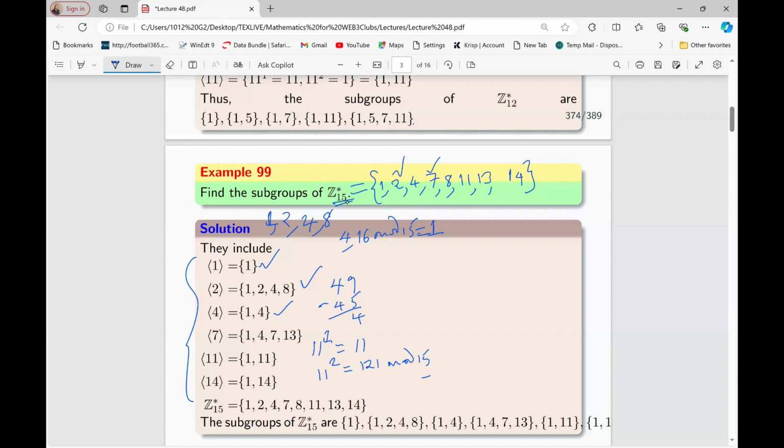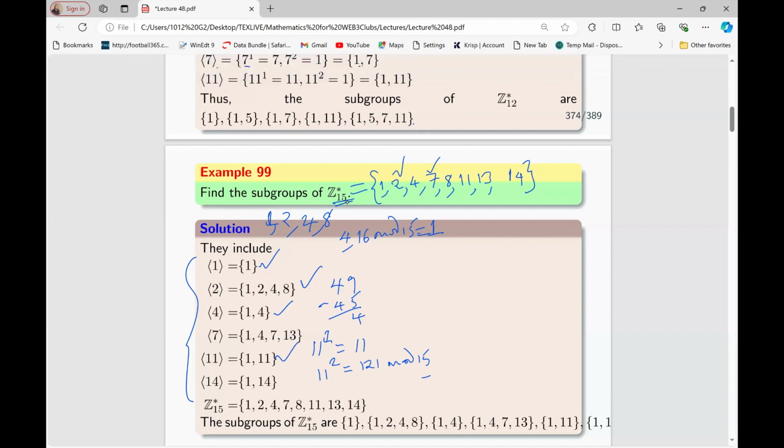How many times does 15 go there? 8. And the remainder is? The remainder is 1. So this is the subgroup generated by 11.